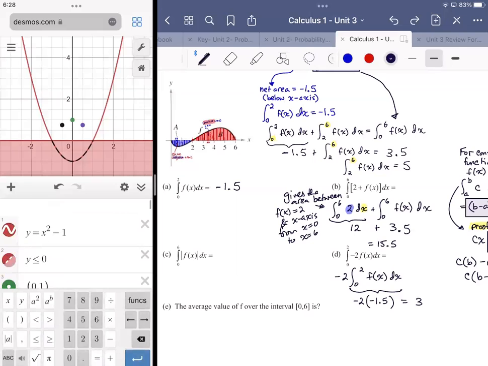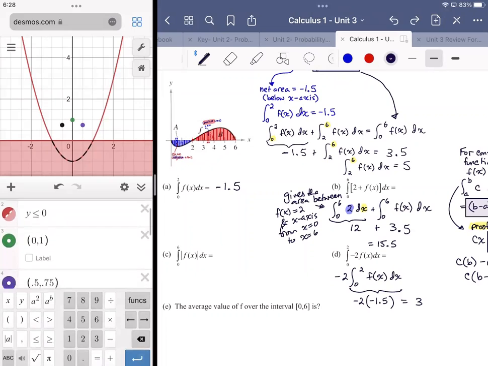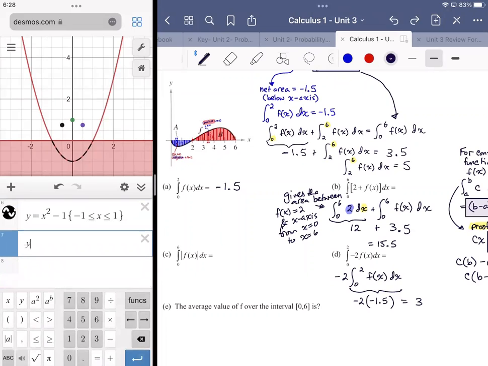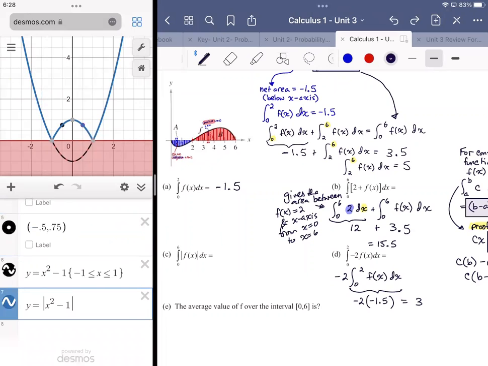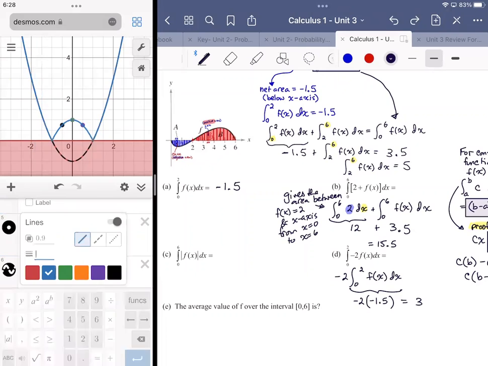So going back to my original function, y equals x squared minus 1, if I were to graph that as y equals the absolute value of x squared minus 1, see my new graph, the blue one, I'll make it a little thicker. We'll go with the dotted.